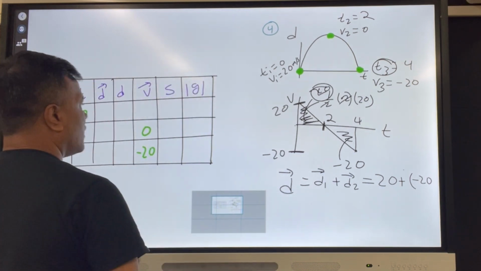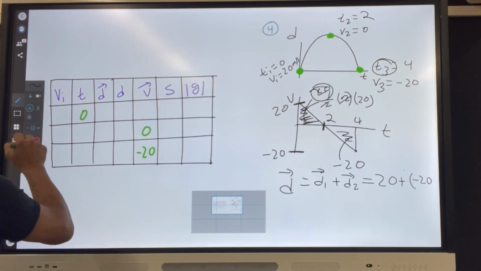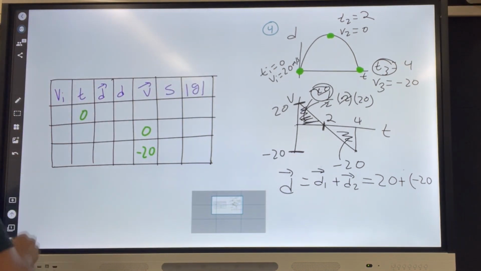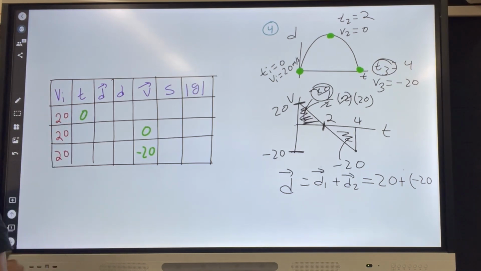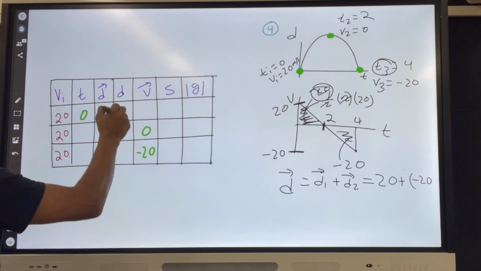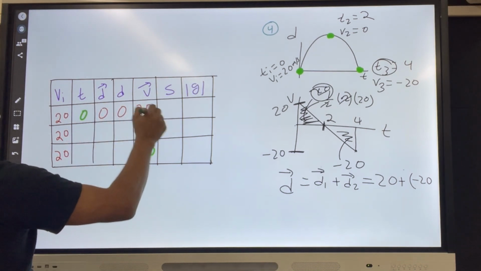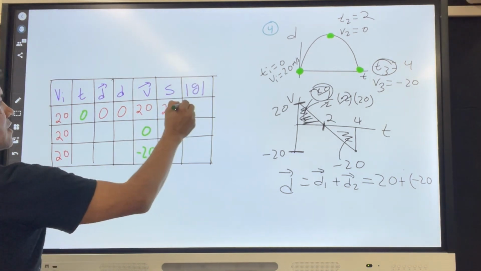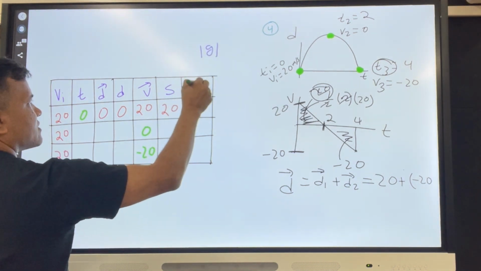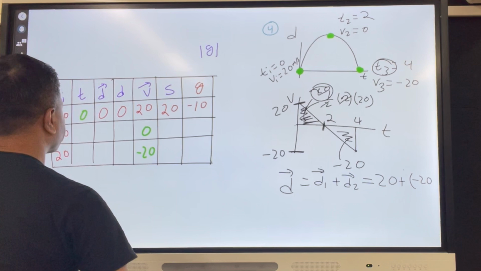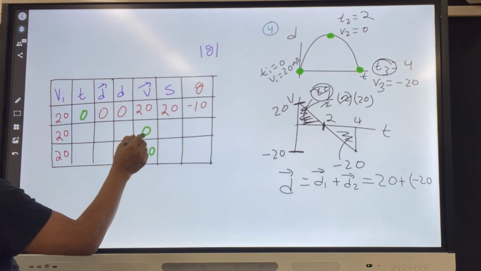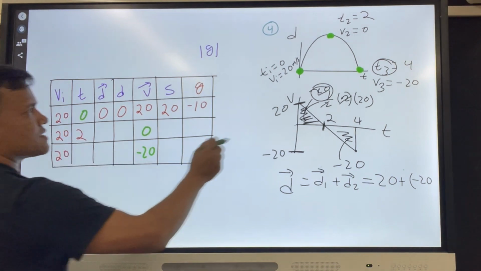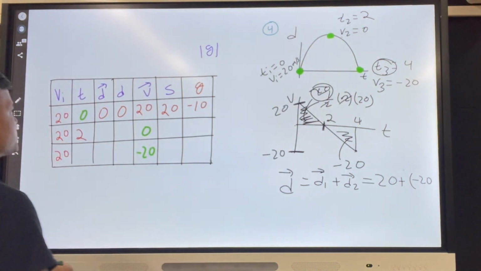All right, so now let's complete it. What is your velocity initial? Velocity initial is 20. Displacement when time is 0 is 0, distance 0, velocity 20, speed 20, acceleration negative 10. The time when velocity is 0 is 2.